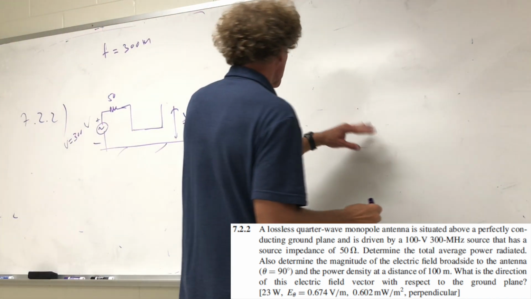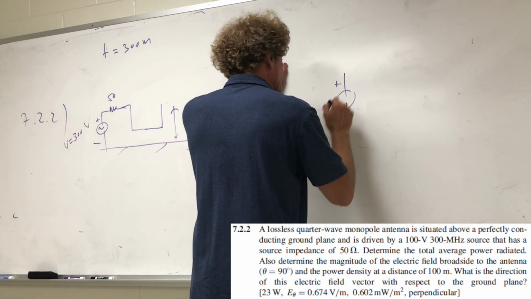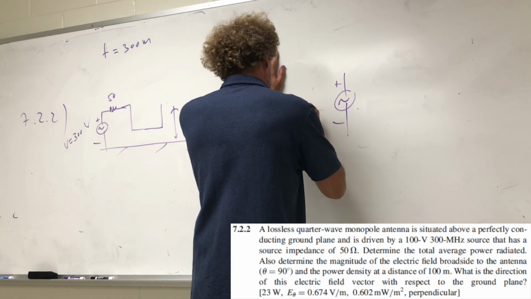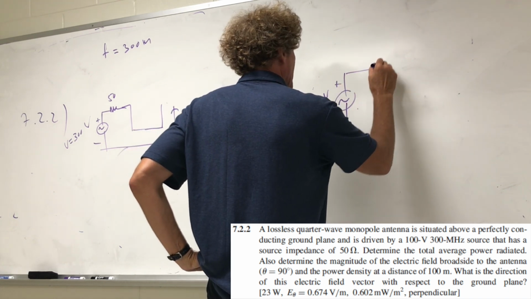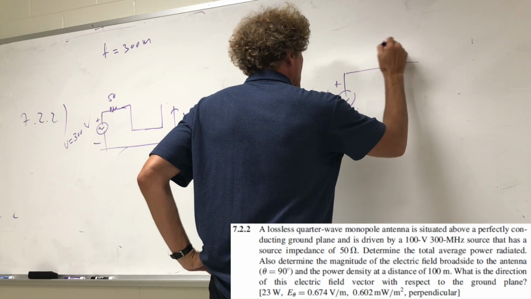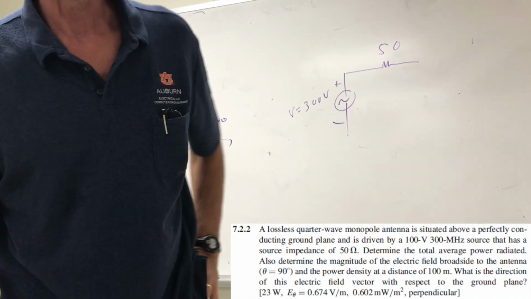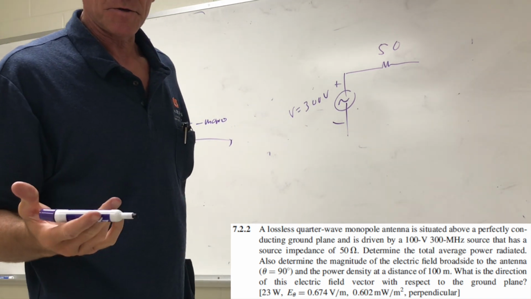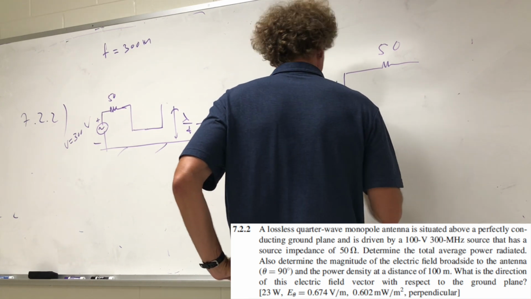For this one, we have a plus or minus V source, and I'm assuming that's peak. Then you have 50 ohms. These are called lumped element models. They're just resistors, capacitors, and inductors that model the circuit so you can get the actual values, either current or voltage that you need.